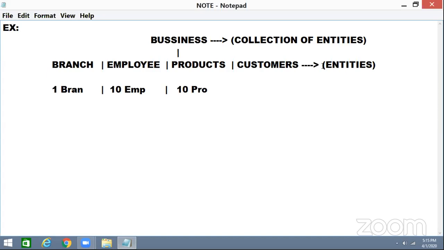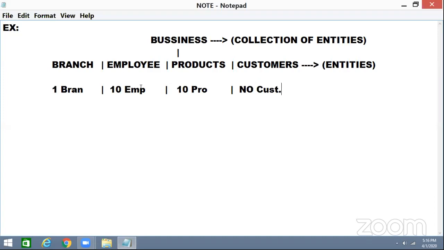And assume that in the starting of my business, there are no customers. So customers are not there in my initial business. My point understand or not? So this is the starting level of my business.